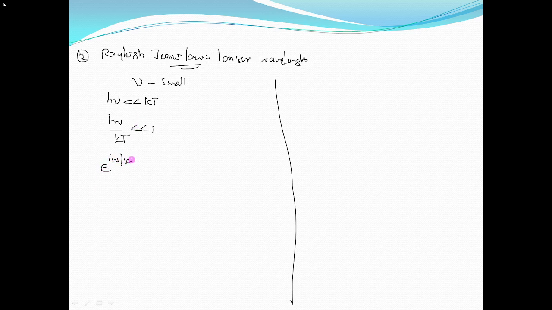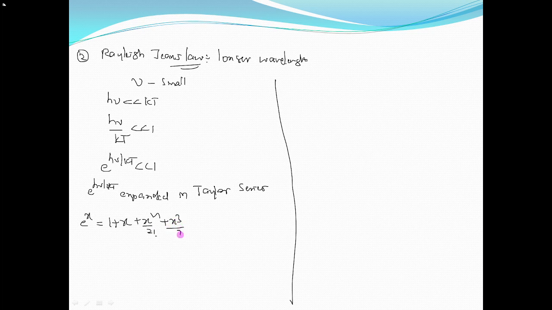So e power h nu by kT can be expanded in Taylor series. If I take e power x, what is the expansion of e power x? 1 plus x plus x square by 2 factorial plus x cube by 3 factorial and so on.